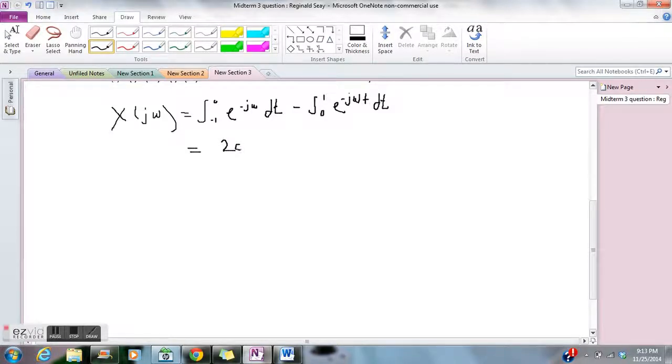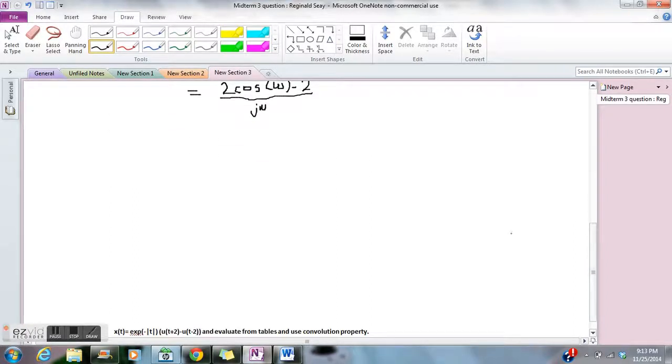Once you do those computations, you should get as your answer 2 cosine omega minus 2 over j omega. You get that from doing basic integration, and this formula is what we get from the two signals that we have, the two frequency domain responses.